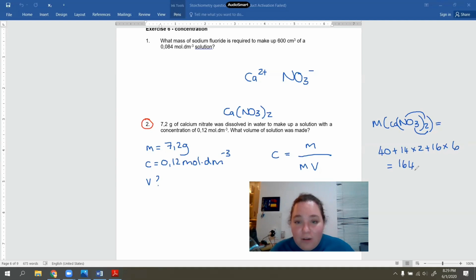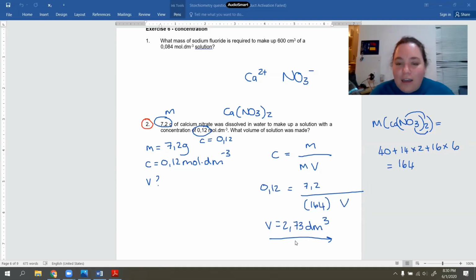Please, if you went wrong that early on, you've got a problem. Then my sample mass here is the 7.2. My concentration is the 0.12. And if I now move my picture out the way, the value that I got was 2,73 decimeters cubed.